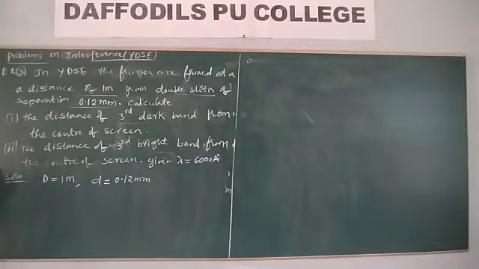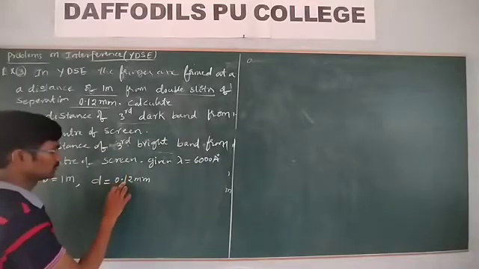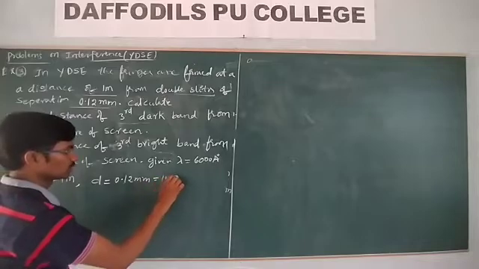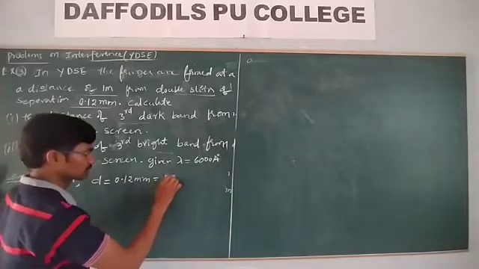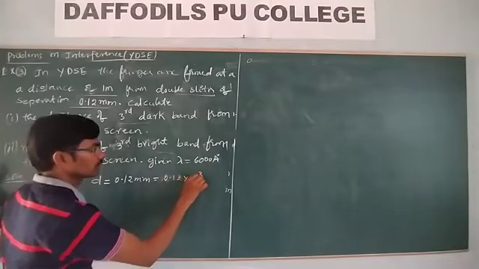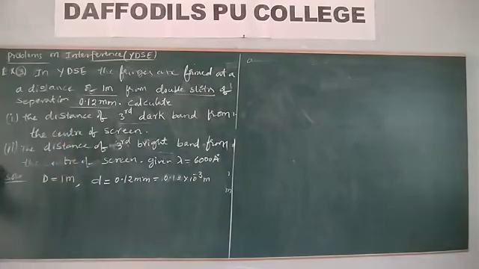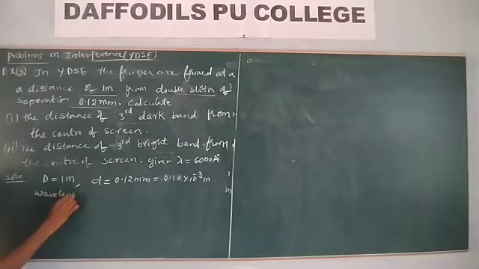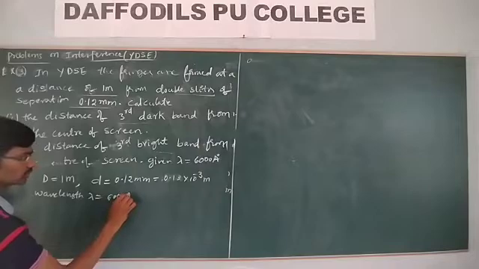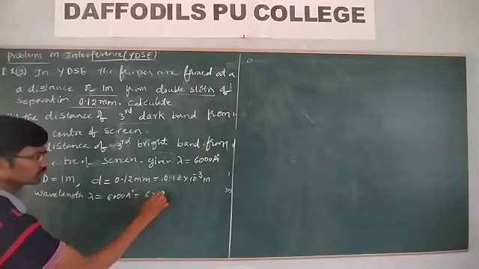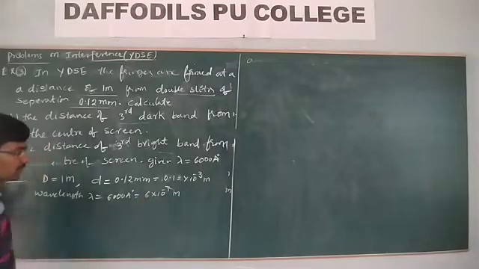That means 0.12 into 10 power minus 3 meter, or we can write 12 into 10 power minus 5. Also given, wavelength lambda is 6000 angstrom, which is 6 into 10 power minus 7 meter.